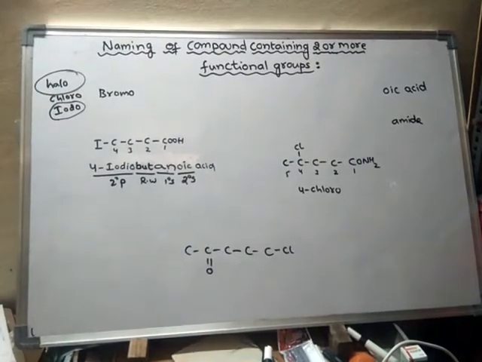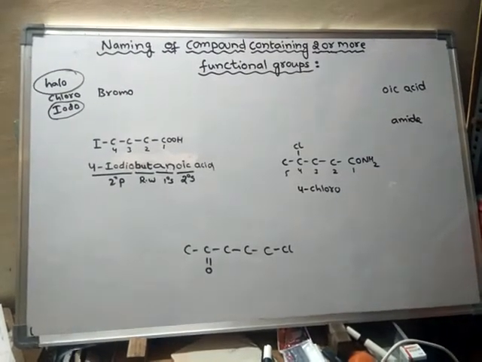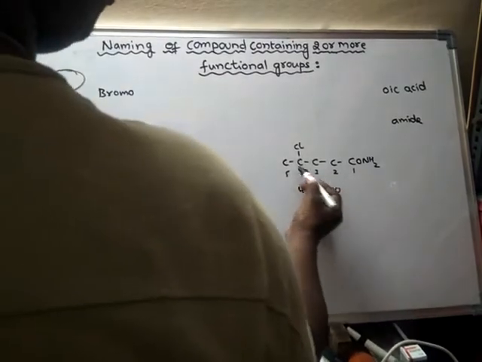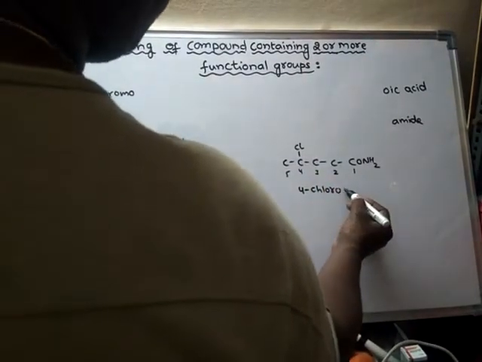Remember that halogens can never act as a secondary suffix. Though they are functional groups, they are least priority functional groups. They have less preference, hence they should be written only as prefixes. They cannot be written as suffixes. So halogens can always be written only as secondary prefixes. Hence 4-chloro, 1, 2, 3, 4, 5 carbons means pent.